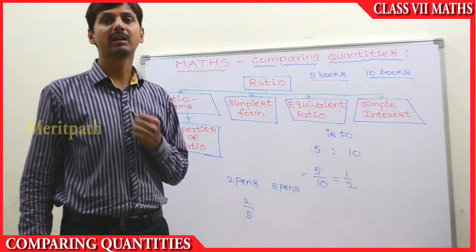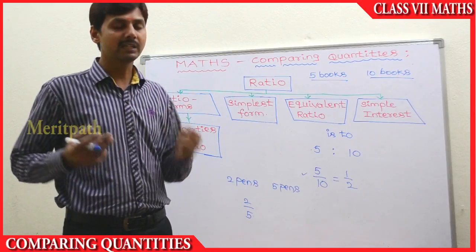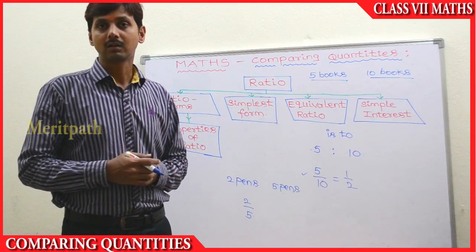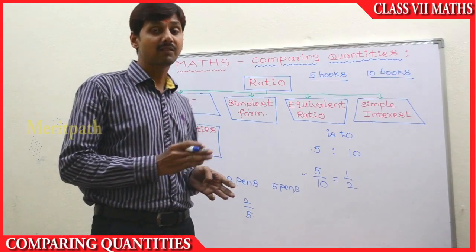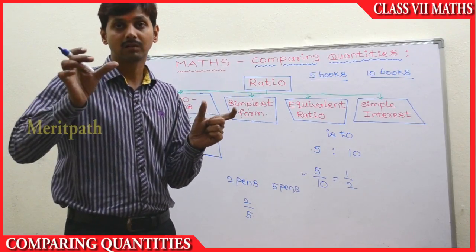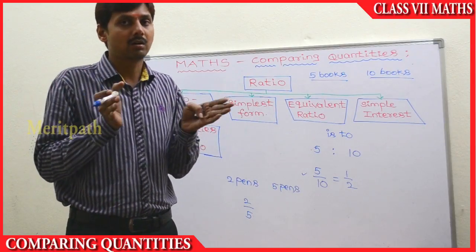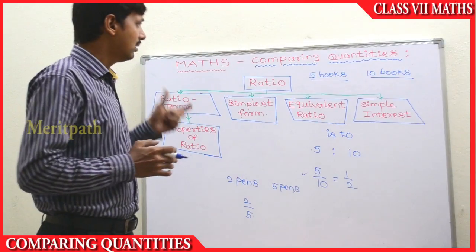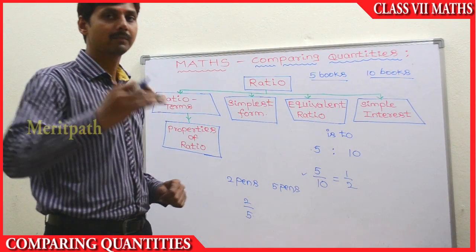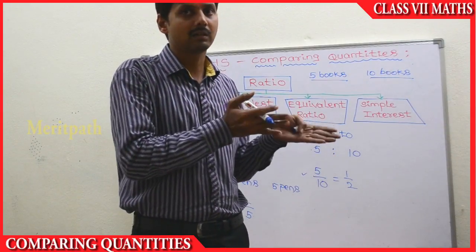Always remember that whatever quantities we take, the two quantities must be similar. 5 books and 2 pence is not comparable. We must take quantities like 5 books and 10 books, in the same form, like books or pens or people or boys and girls or children and elders.